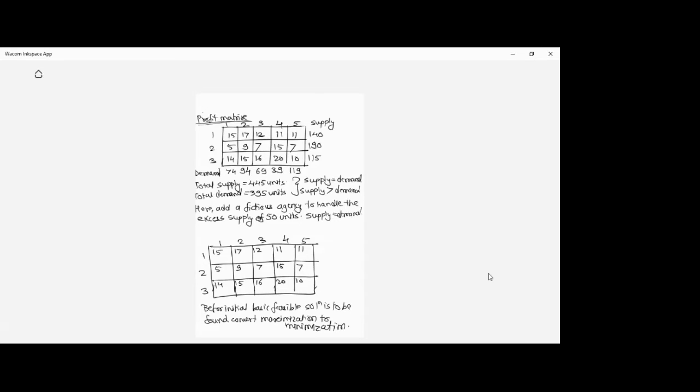Convert your maximization to minimization. Now how are we going to handle this? We are going to handle this by multiplying by -1, so -1 will be multiplied to all the cells in the profit matrix.